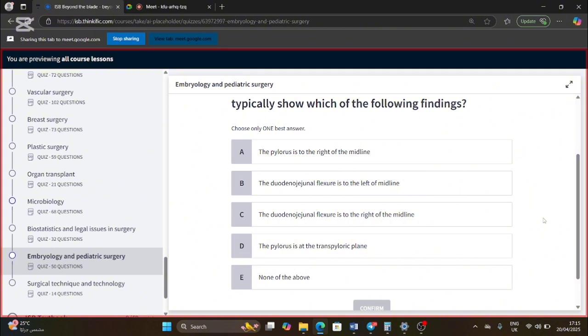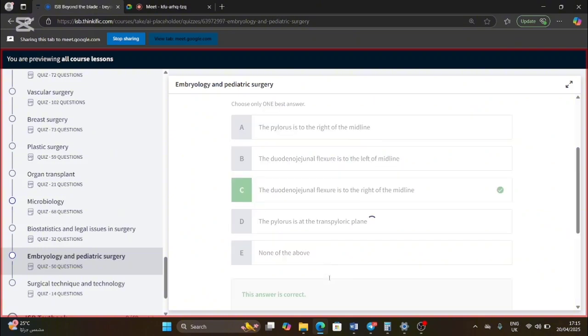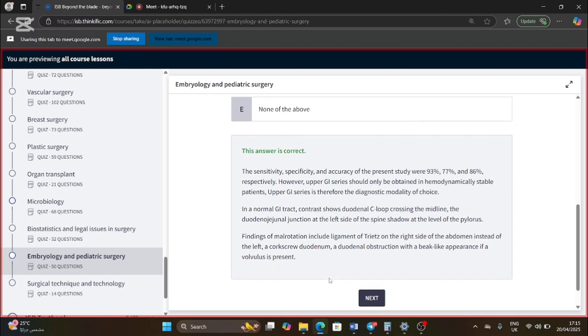Are you sure? No, I think I mixed it up, it's to the right. Option C? Yeah. Okay, let's see. That's the correct answer, right?